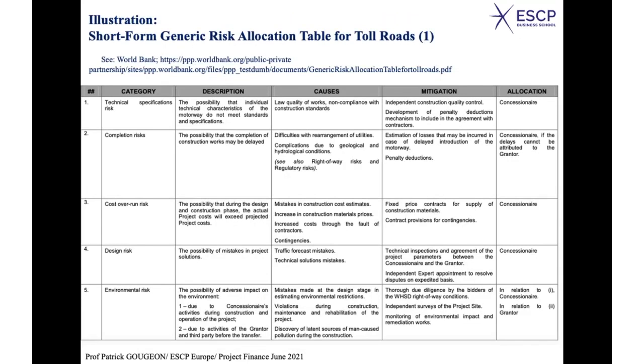Here, I just show you as an illustration a document from the World Bank, which is the result of a risk analysis and a risk allocation. So the idea is you analyze risk. This is the first step, risk analysis, to identify the risks and also to assess their size, okay?